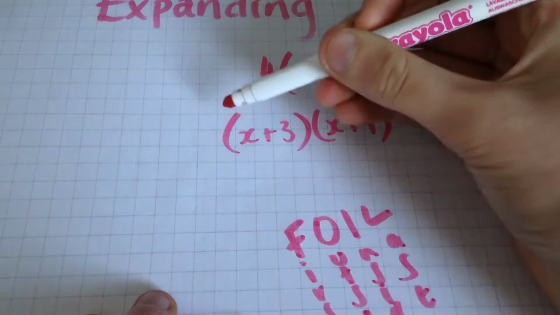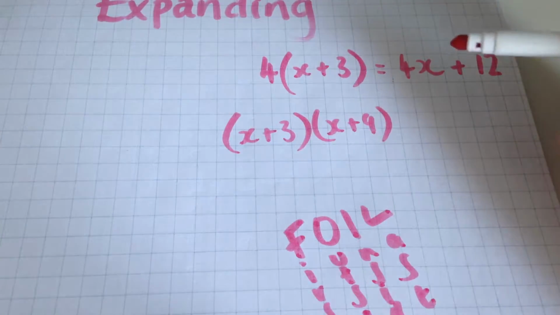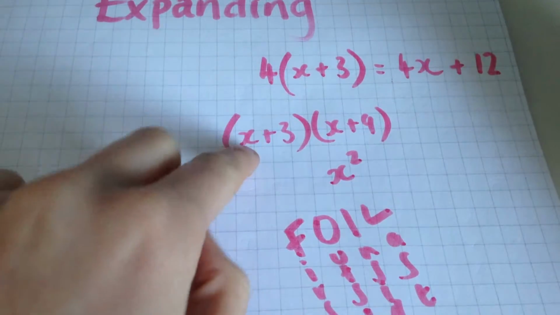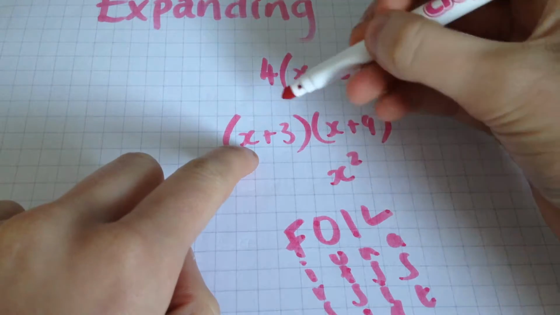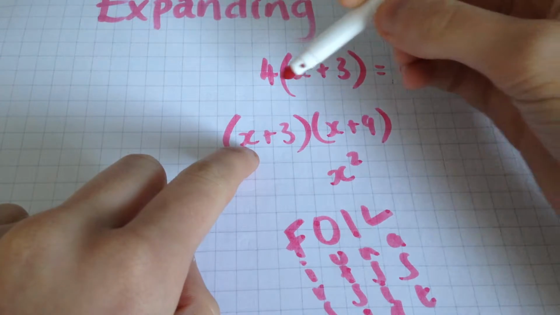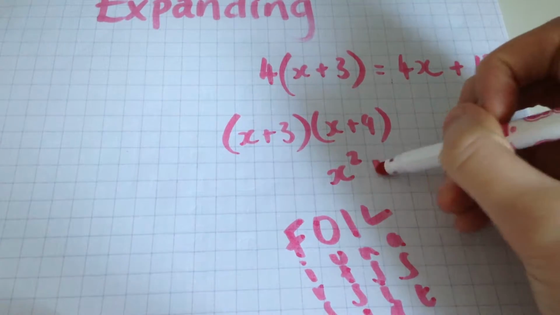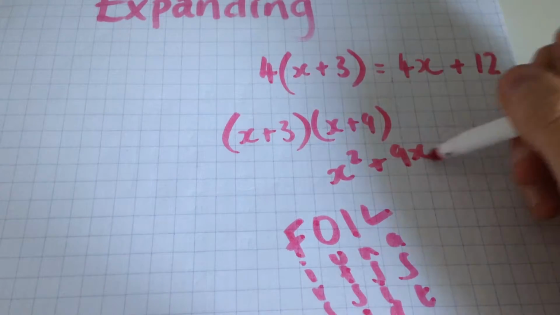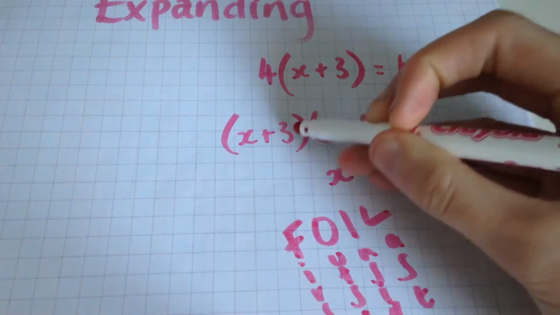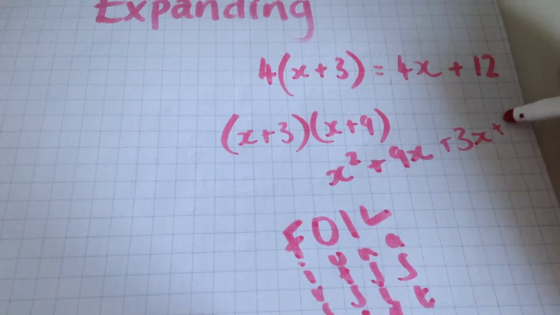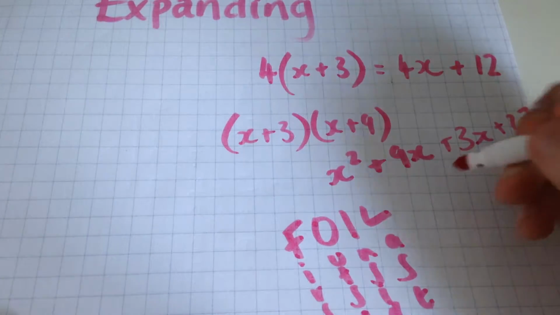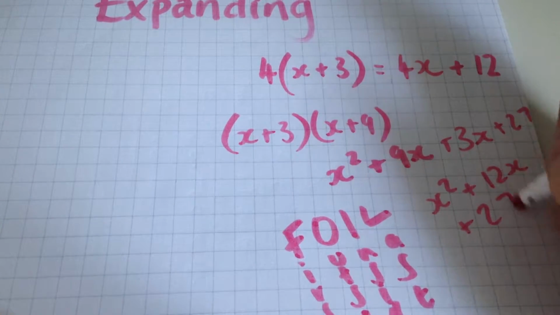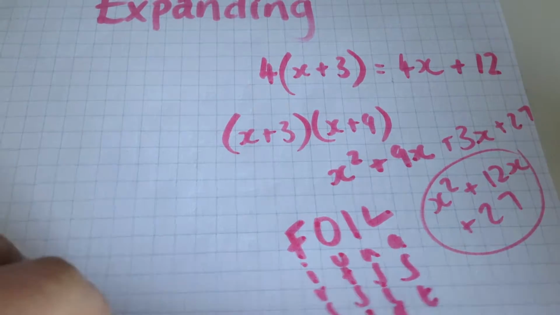Alright, so the first one's x times x. X times x is x squared. So we need to do outside now, so x times 9 is plus 9x. 3 times x is plus 3x. And 3 times 9 is 27. If we simplify that, we've got x squared plus 12x plus 27 for that one.